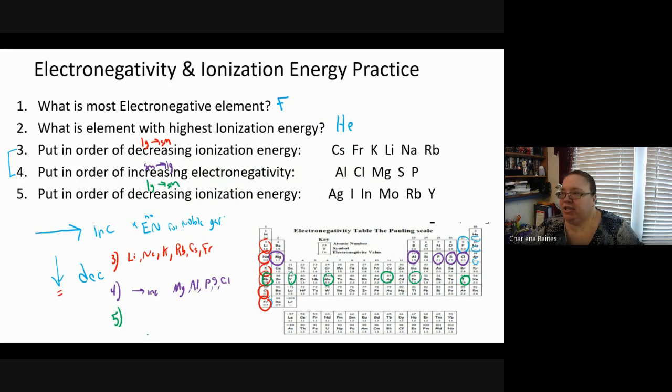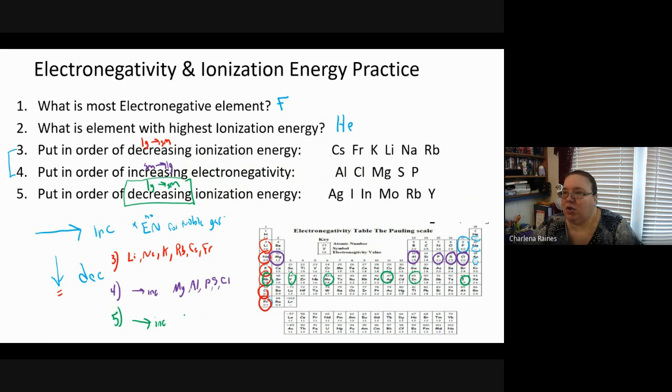So ionization energy, as I go across, increases. And we're putting them in decreasing order. Bad Miss Rains. Decreasing order. That means we're going from the largest to the smallest.